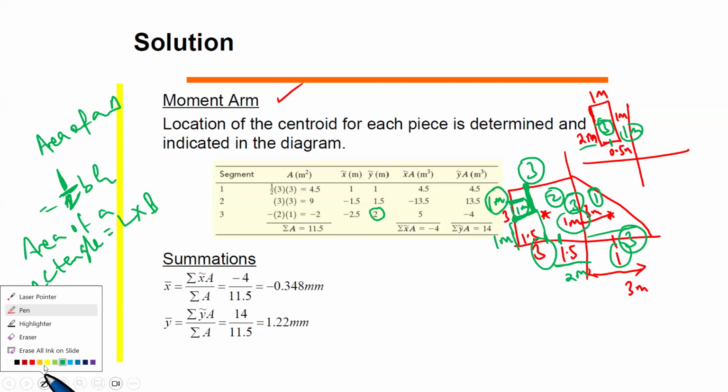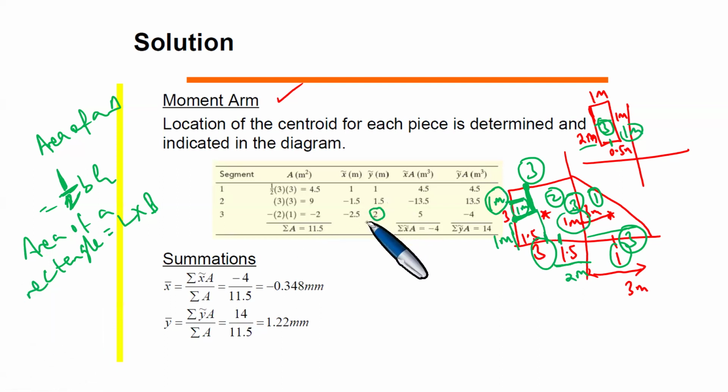So in the end, now we are finding the products like x tilde a, because we need the summation of the x tilde a and also the y tilde a. So x tilde times a: 1 by 4.5 is 4.5.